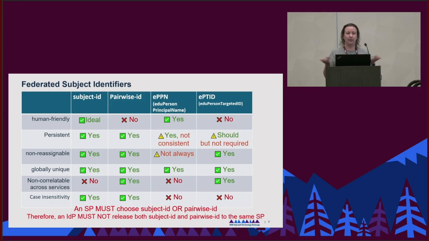Doing so, of course, would compromise the privacy-preserving aspect of the pairwise ID, and so a relying party should pick one, and an IDP should enforce only releasing the one that's being requested and not releasing both in your attribute release policies.